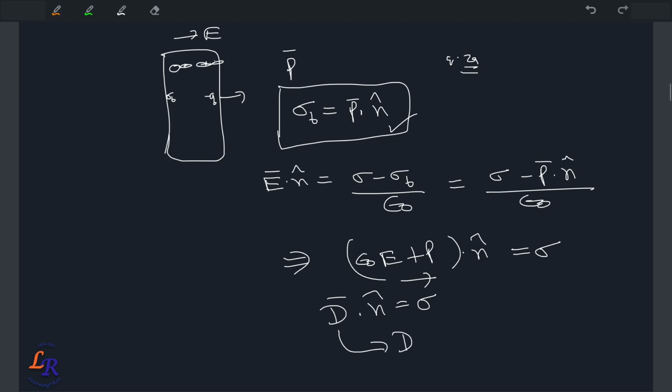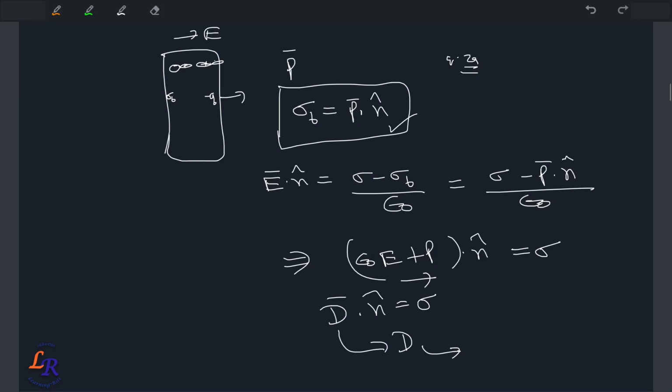We will hear more about that once we discuss the electrodynamics part, but just to give you a preliminary introduction, it comes from electrostatics itself, where we are considering the dielectric medium and the polarizations together. This D becomes E when we are talking about vacuum, because then there is no bound charge concept, so sigma b becomes 0, right?